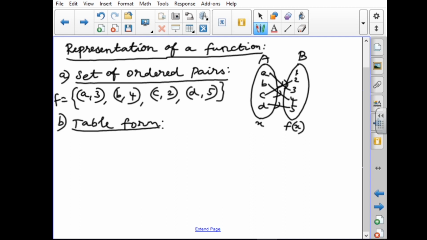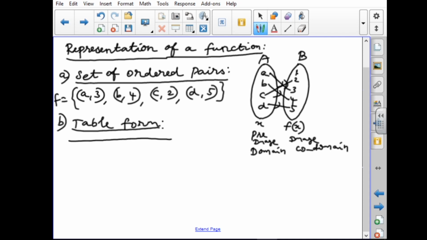This value is the pre-image, this value is the image, this value is the domain, and this value is the codomain. We can write the domain values and all the codomain values under F, that is called table form.